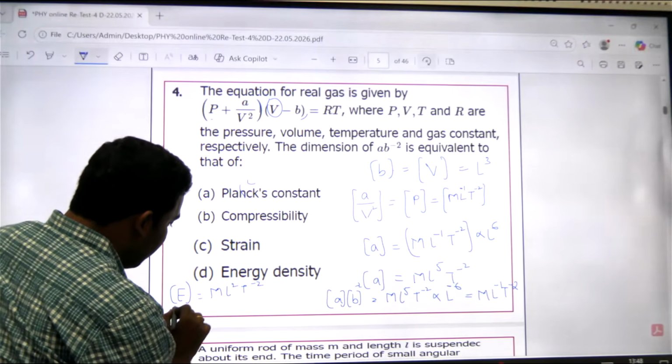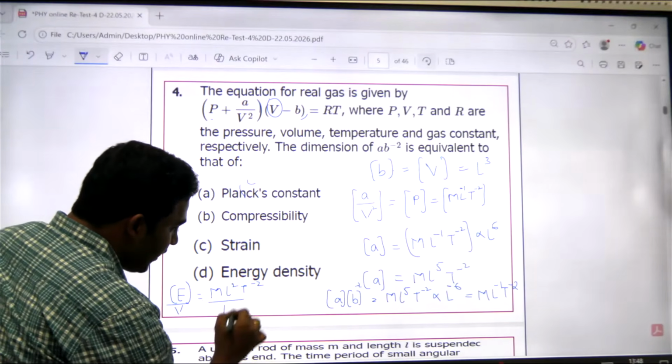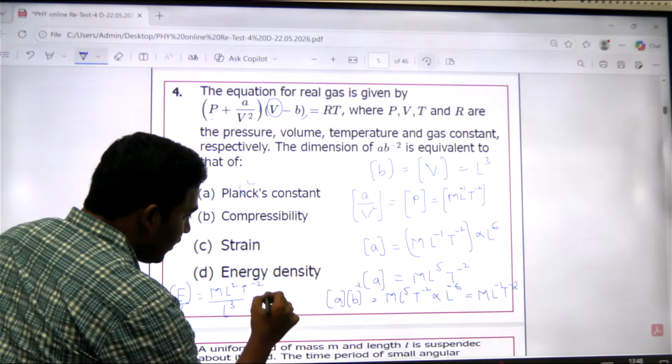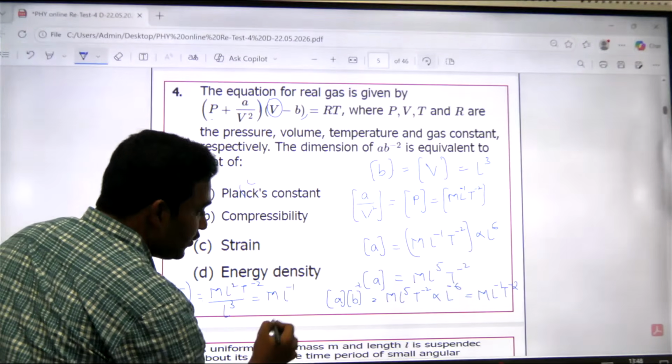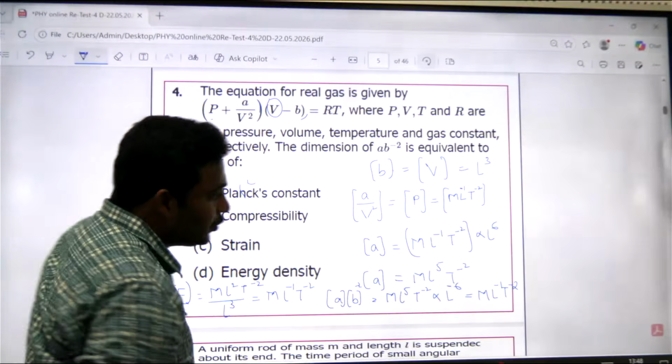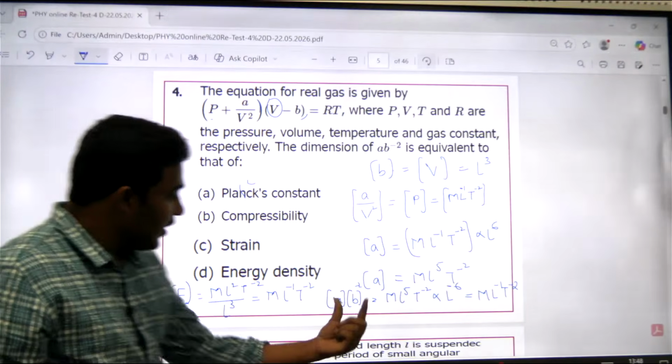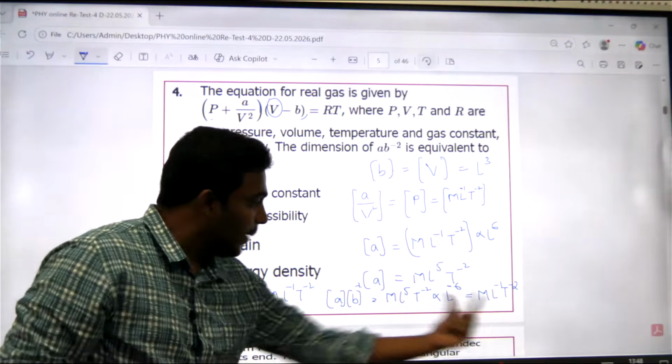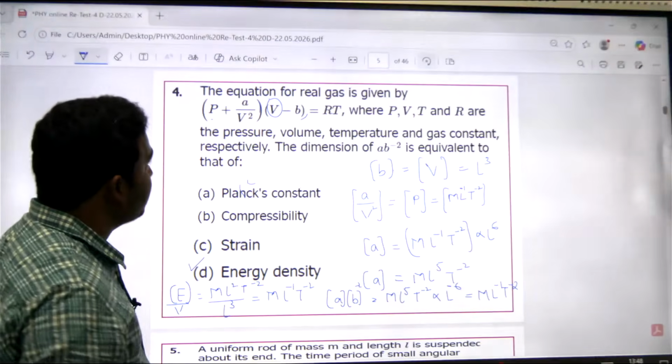If you divide it by volume, L cube, you will get M L^-1 T^-2. So the units of energy density and the units of a b^-2 are matching. So your answer would be option D, energy density.